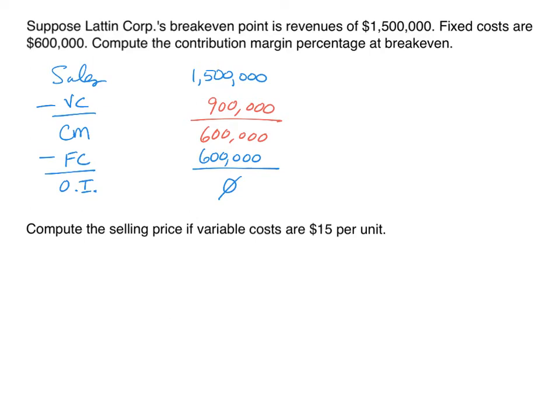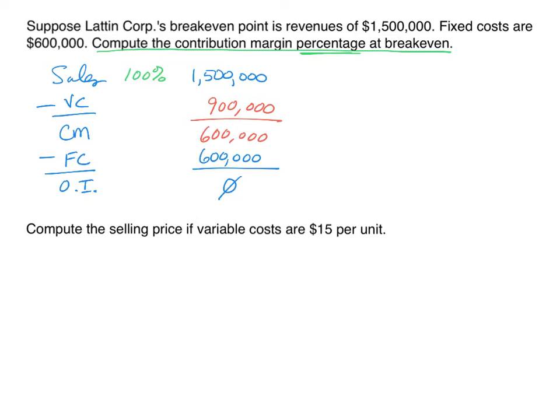So let's go back to the original question. We need to compute the contribution margin percentage at break-even. All right, so recall that we can represent the first three lines of the income statement as a percentage of sales. So sales would be 100% of itself, and then we could figure out what the other percentages are.